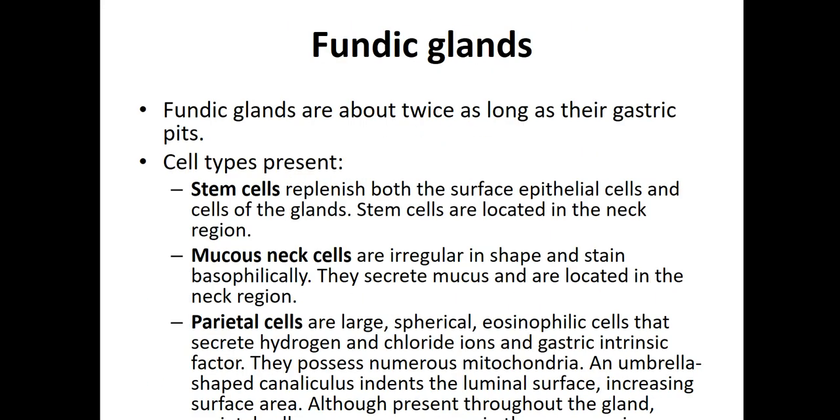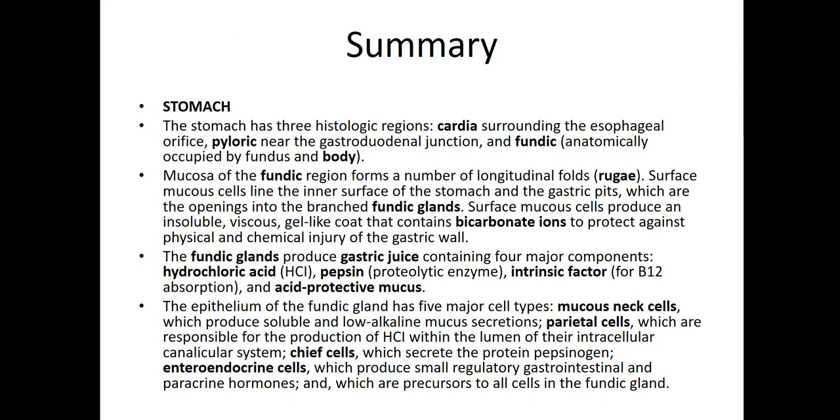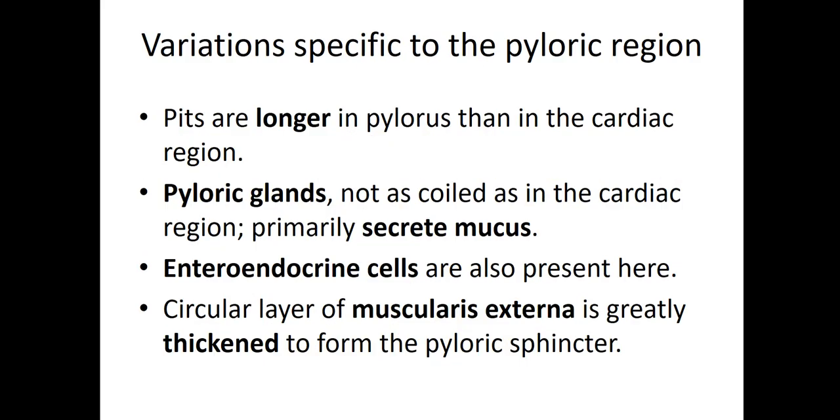I excluded this diagram from this lecture, sorry. But the pyloric sphincter is a very thick smooth muscle, which doesn't allow all the stomach contents to enter the duodenum, because the amount of mucus which can protect the duodenum is limited, and of course it produces it gradually.